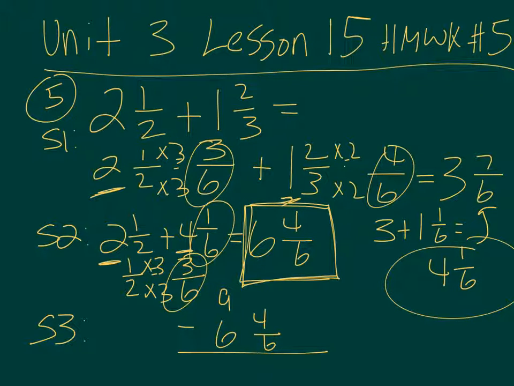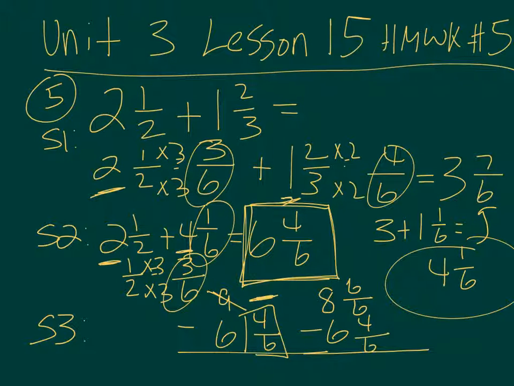So, we talked about in class, when you have no fraction in this area here, and you have a fraction down here, you're going to have to borrow. So we're going to borrow from the 9 and make it an 8. So this is going to become 8 6/6 minus 6 4/6.